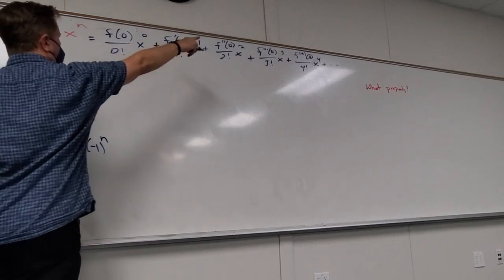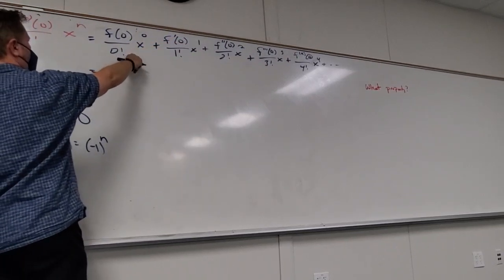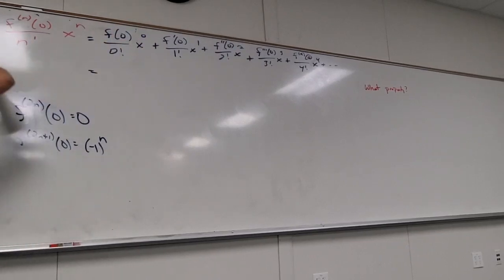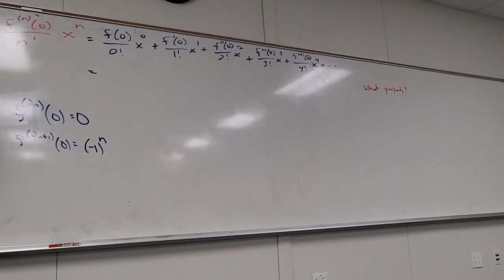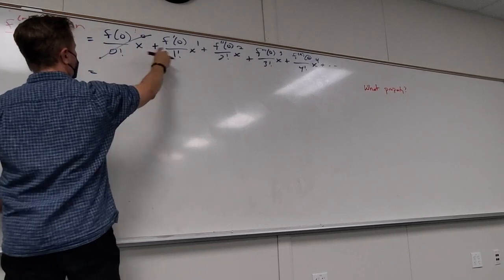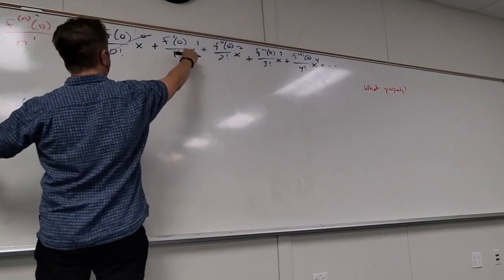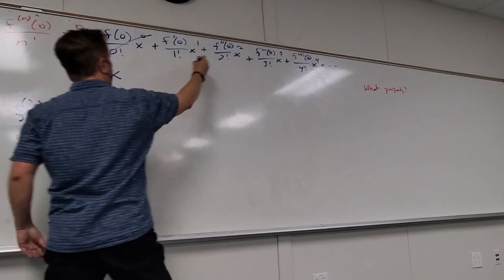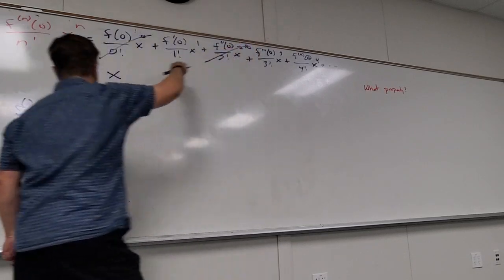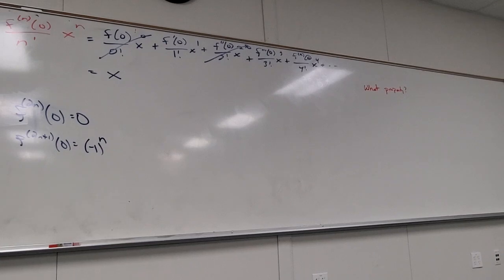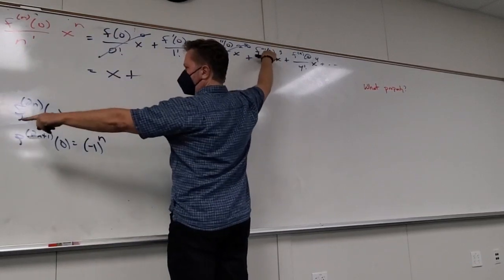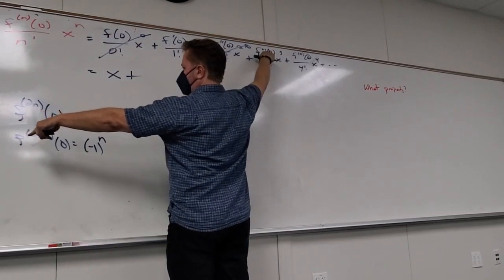So every other one, of course, is going to be 0. So this is 0 because f of 0 is 0, right? Okay, so that's 0. So what's this? F prime of 0 is 1. 1 over 1 is 1, so I get x. This is 0, because f double prime of 0 is 0 again. Every even derivative is 0. So then I get this one. What's the third derivative at 0? -1.